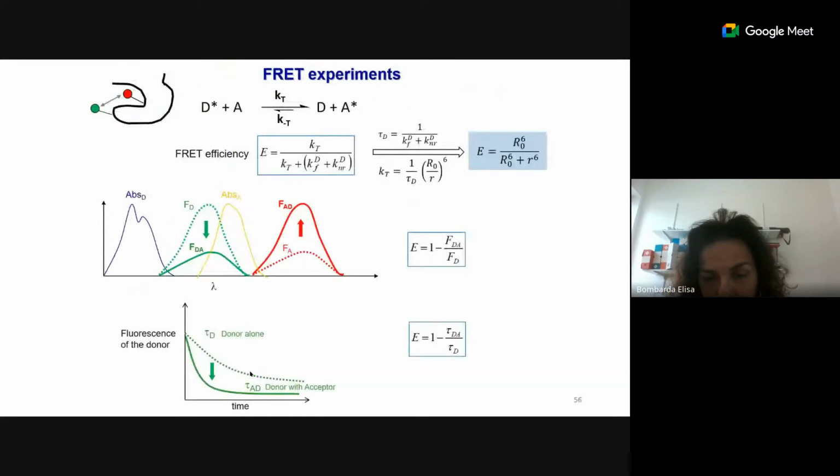This is the way in which we measure the efficiency of transfer, and then we can translate this efficiency into information on distance because of this relationship.